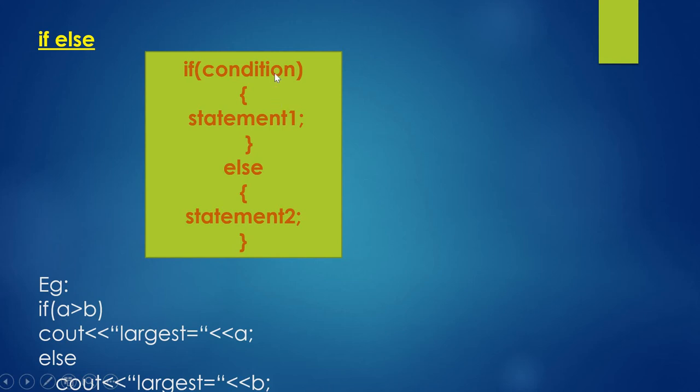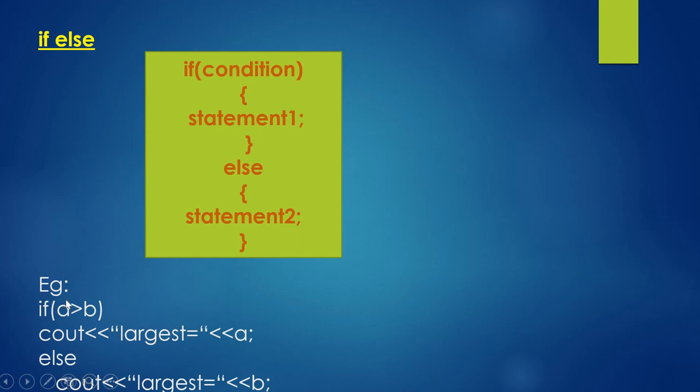If the condition is false, the else part executes; that is, statement 2 will execute. For example, if A > B, cout largest = A. If this condition is true, the first statement, largest = A, is executed.